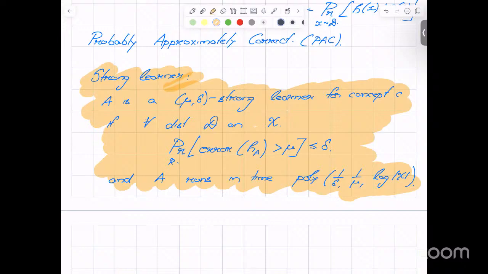But right now I'm relaxing it and putting 1 over delta, 1 over mu. I don't want to run in time size of chi, because then I can encode the whole truth table of chi and the learner is not doing anything. He can just output the truth table of the concept. You want to learn the concept in a much faster fashion than encoding the truth table.